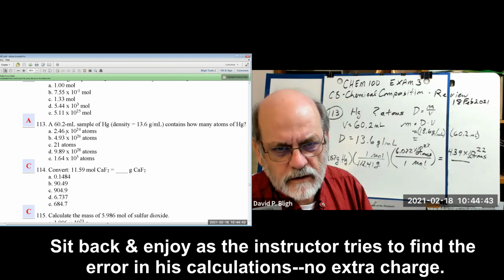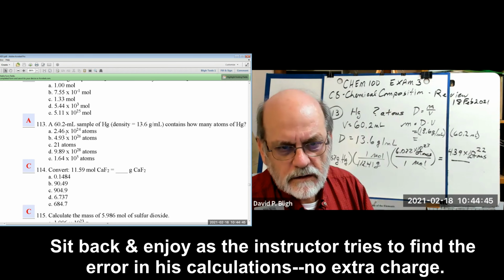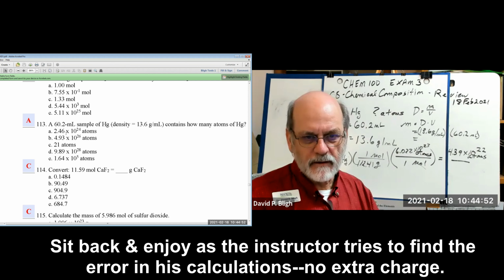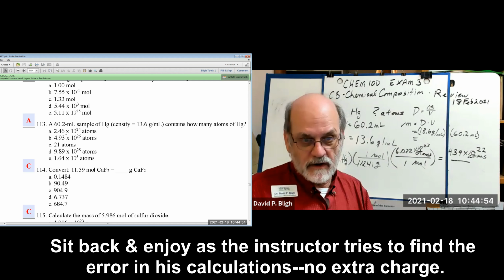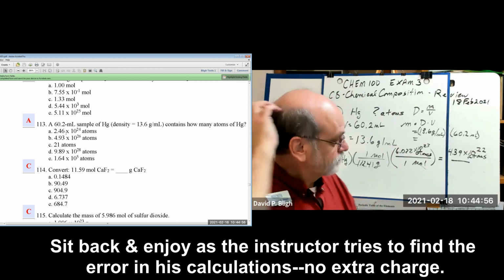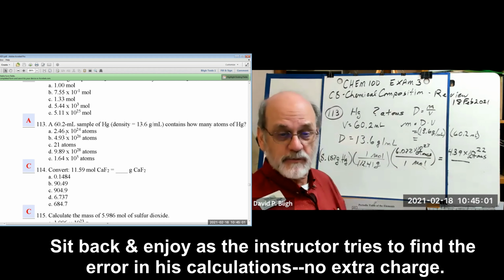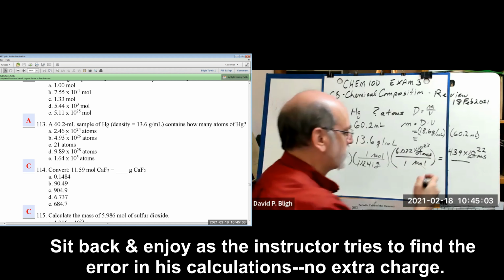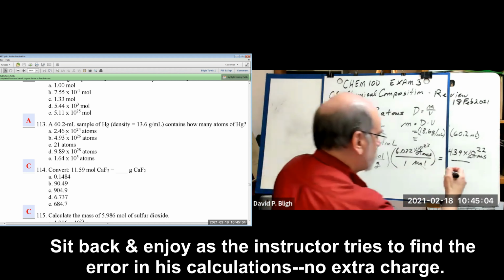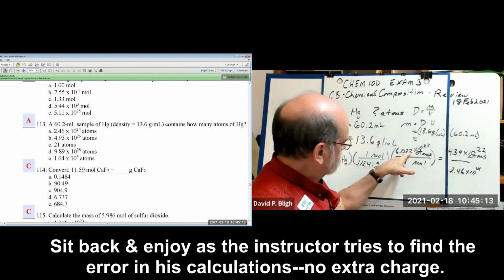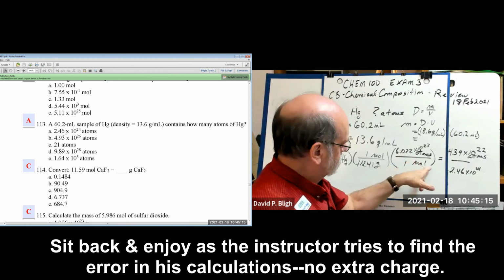There's no right answer there. It's saying 2.46 times 10 to the 24th atoms is the correct answer. You know how to fix that, or how to tease that one out. Go backwards. If the answer is supposed to be 2.46 times 10 to the 24th, then if we divide this into it, that tells us the number of moles.